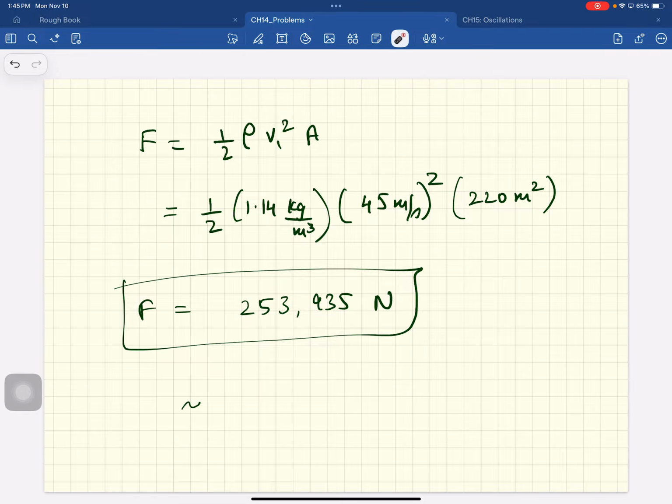If you divide by G, which is 10, this will give you 25,400 kgs, roughly.